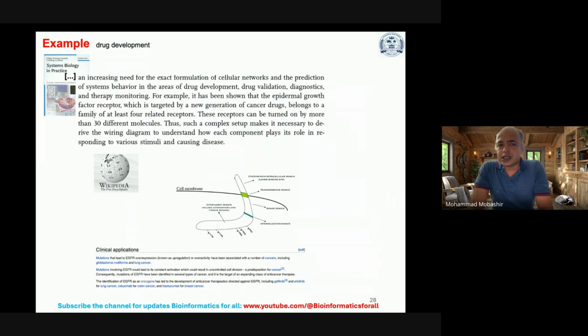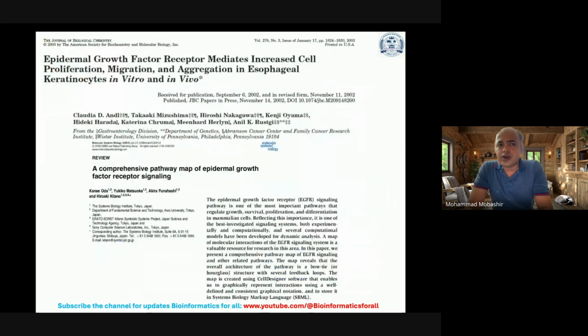So here, for example, from Wikipedia, you can see EGFR as one example, then P53 as another example. If you want to unravel it, there are several research papers where it has been shown that systems biology could perform a dynamic role in drug development and drug discovery.